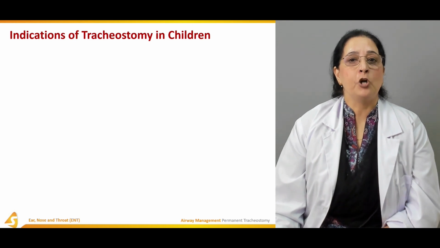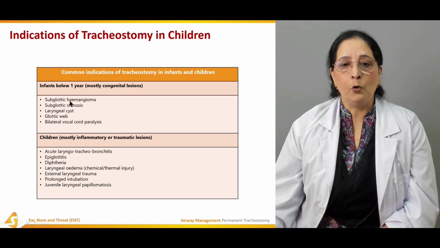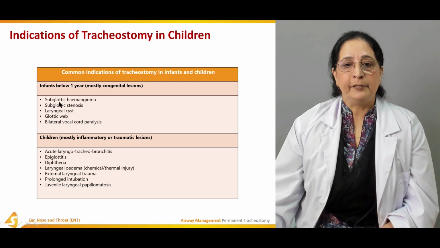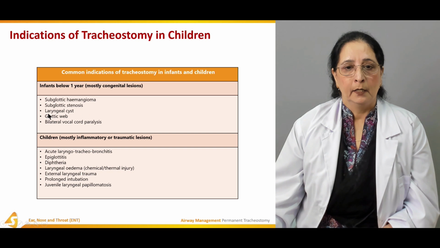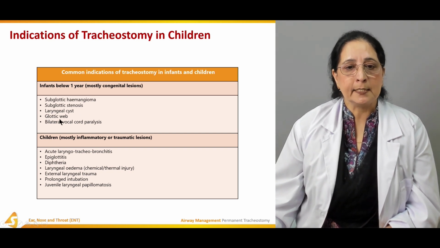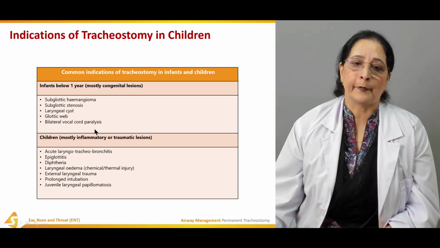Indications of tracheostomy in children. In infants below 1 year, why do we need to perform tracheostomy? If there is subglottic hemangioma, subglottic stenosis, laryngeal cyst, glottic web, or bilateral vocal cord paralysis.